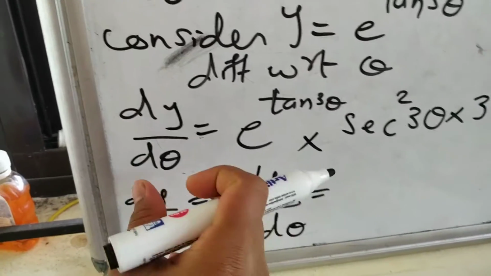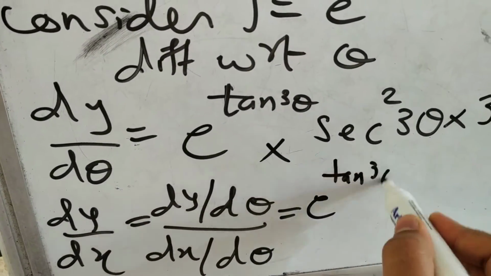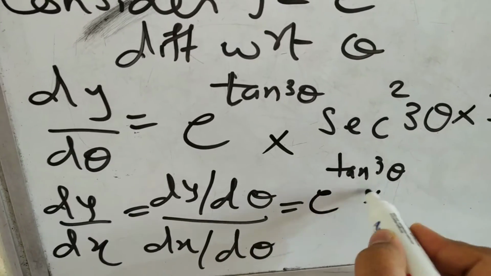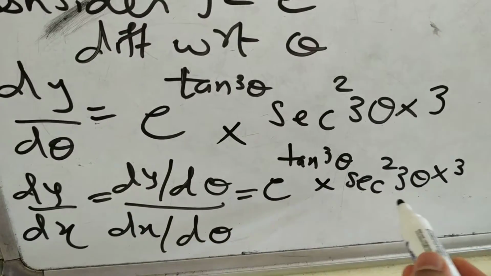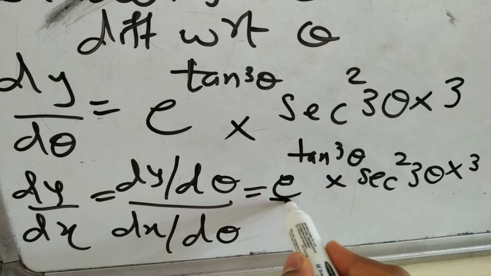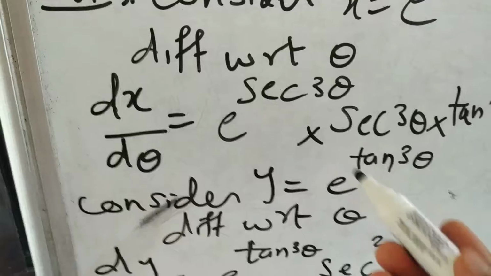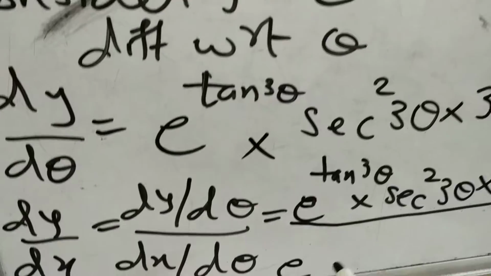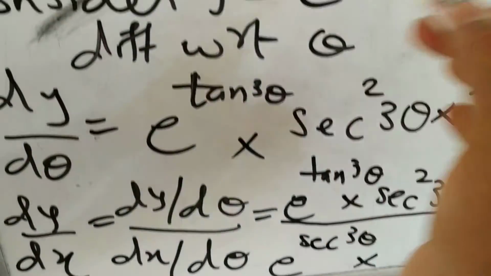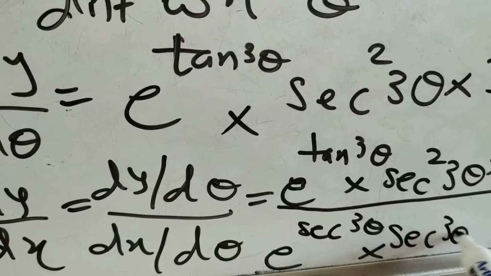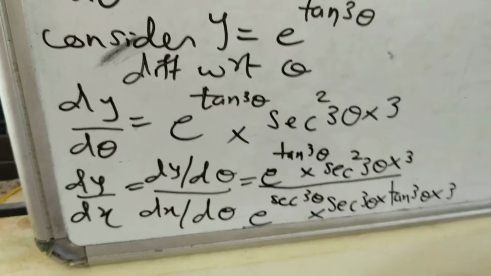Now let us substitute. dy by d theta is e raised to tan 3 theta into sec square 3 theta into 3, whole divided by dx by d theta, that is e raised to sec 3 theta into sec 3 theta into tan 3 theta into 3.